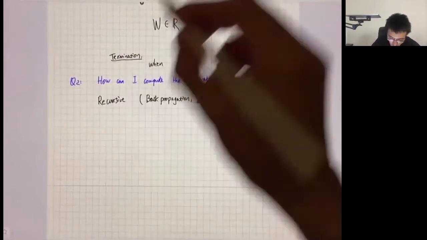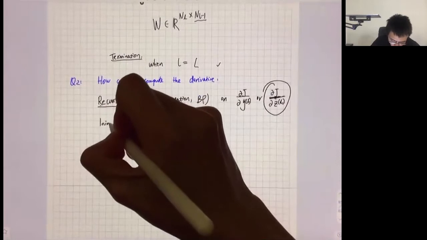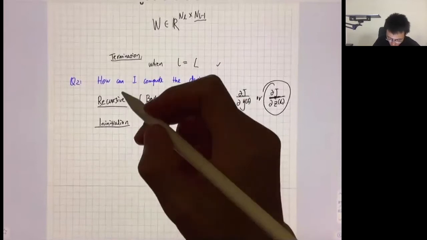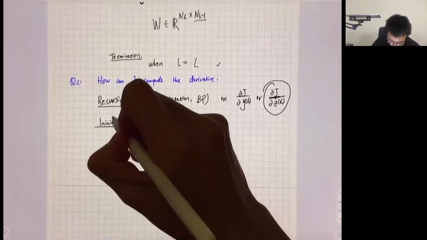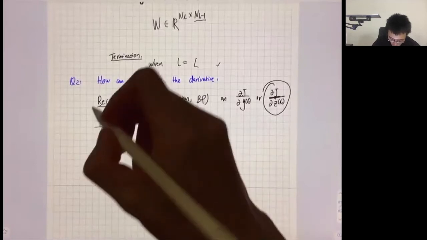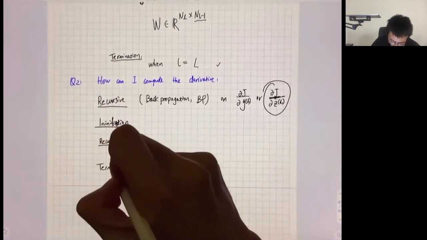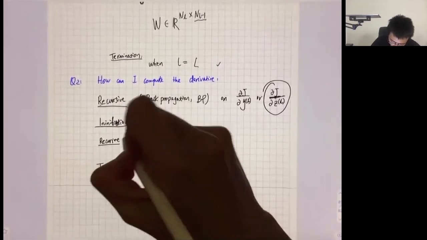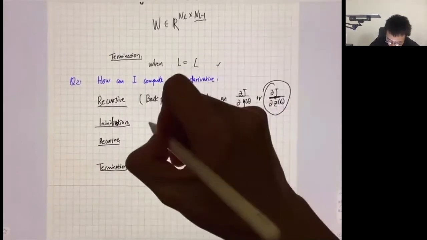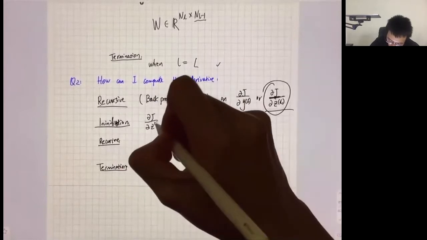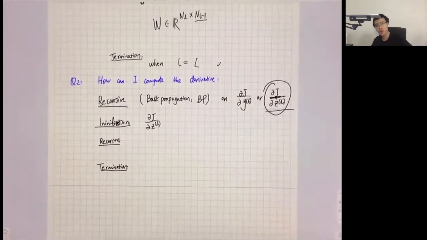So when we talk about recursion, we always have the initialization, recursive step and termination. The initialization is the partial derivative of J with respect to Z of the last layer. This depends on the task, and this depends on your loss and what kind of probability assumption you have, okay?